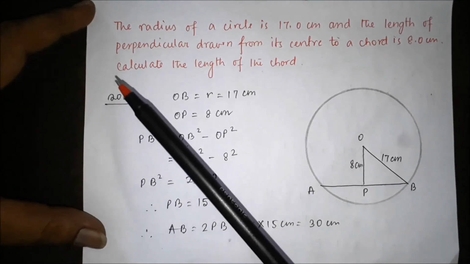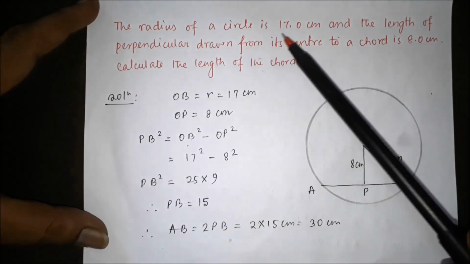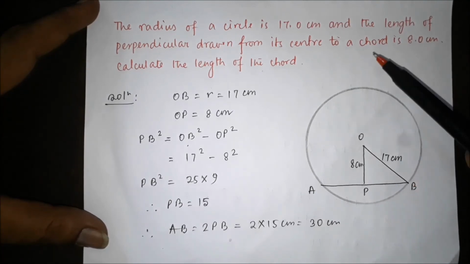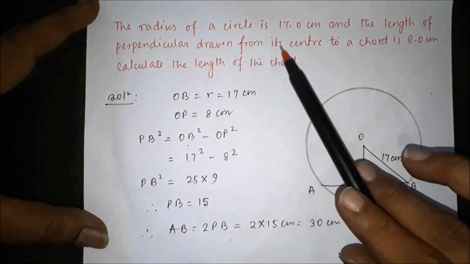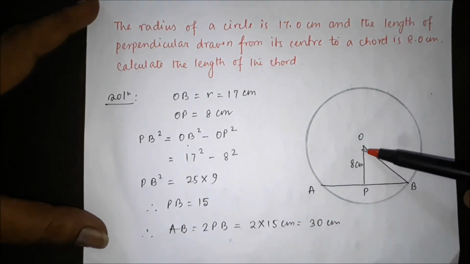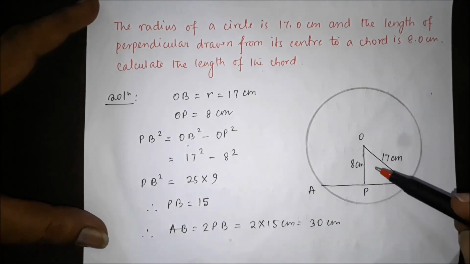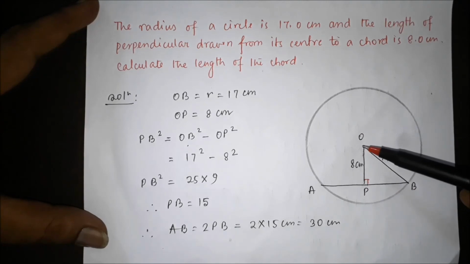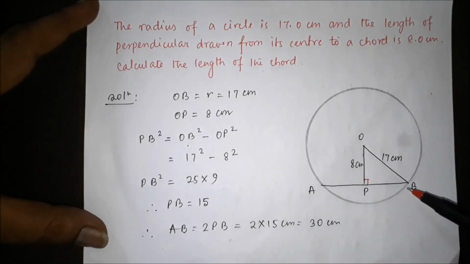Now the radius of a circle is 17 cm. You can see OB is given as 17 cm and the length of the perpendicular drawn from the center to a chord is 8 cm. Now we know that this is perpendicular, so this is a right angle triangle. Use the right angle triangle to find out PB.